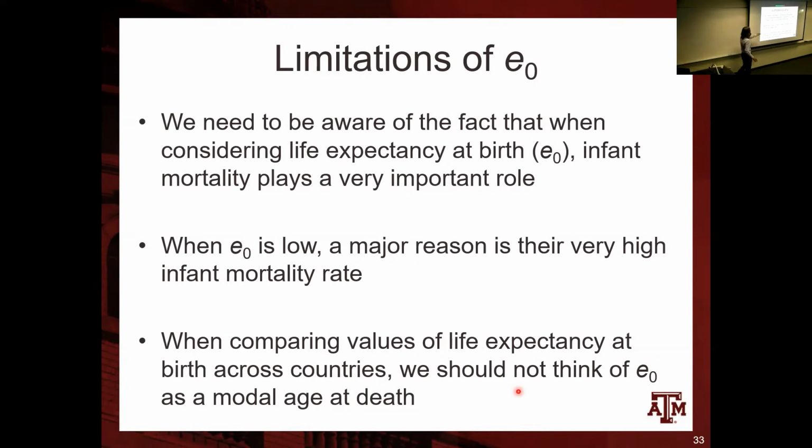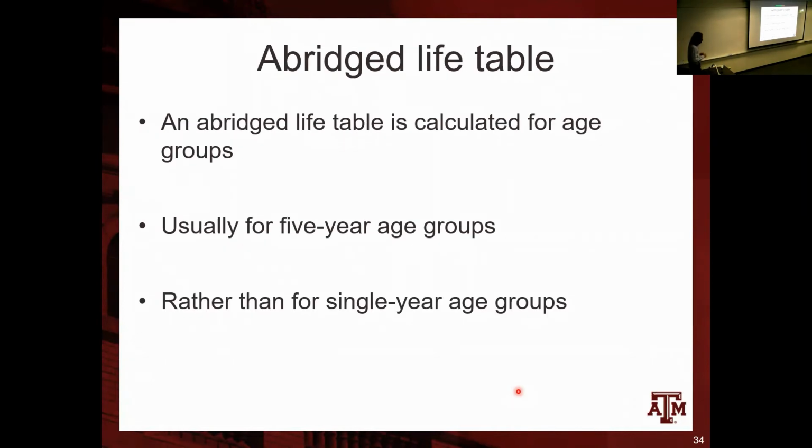So we should not interpret life expectancy at birth for these countries as the age at which most people die, because it could be a little bit higher. So we can look at the life expectancy at the next age group, the age group between 1 to 4, or the age group between 5 to 9. Okay? And I'm going to show you where we look at this in the life table.